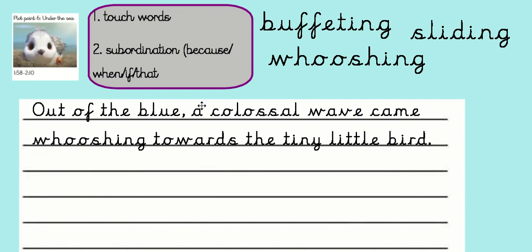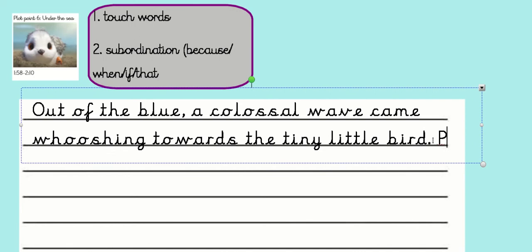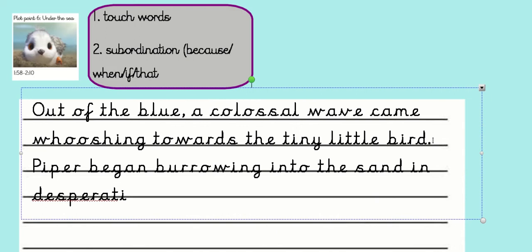Out of the blue, a colossal wave came whooshing towards the tiny little bird. What did he do when he saw that wave? He desperately, Piper began burrowing into the sand in desperation.